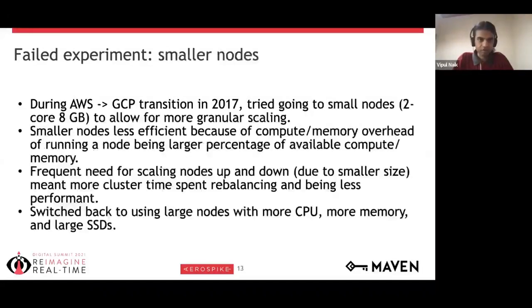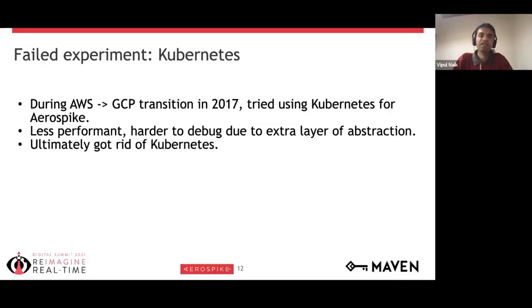Okay, so I'll talk about a couple of failed experiments. When we transitioned from Amazon Web Services, AWS, to Google Cloud in 2017, we had heard about this cool technology called Kubernetes. The goal is to create a layer of abstraction between our applications and the hardware they're running on.